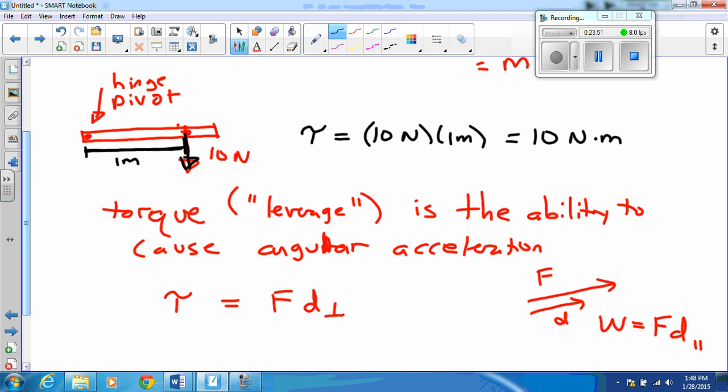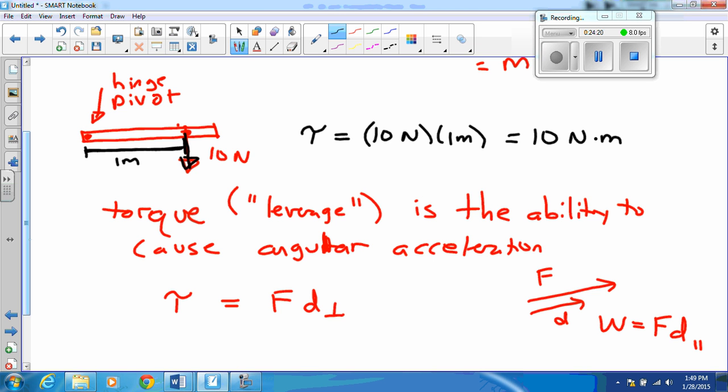Now, to get a sense of this, what I'd like for you guys to do is at your tables, I'd like for you to exert some torques on each other in this way. One of you hold out your hand, and the other of you push first straight down on the other person's hand. Can you feel the torque that's being exerted there? All right. Now, same experiment, but this time push with an equal amount of force directly into the hand.